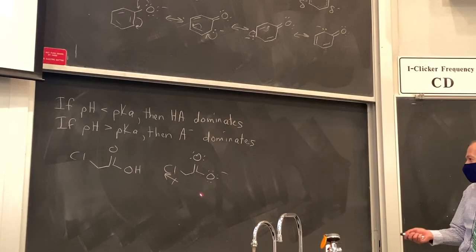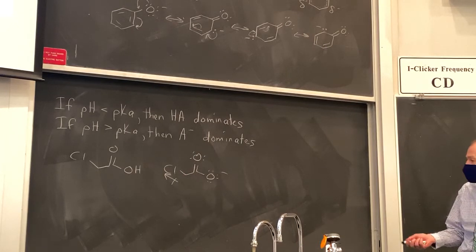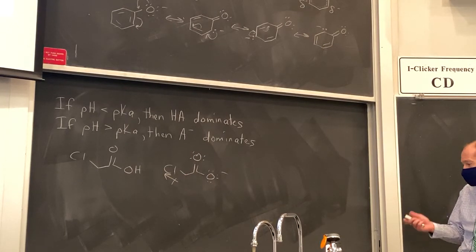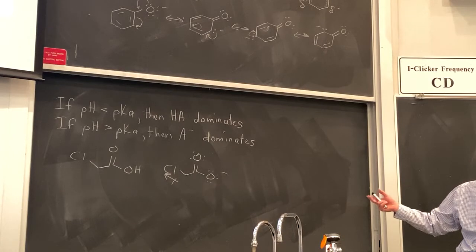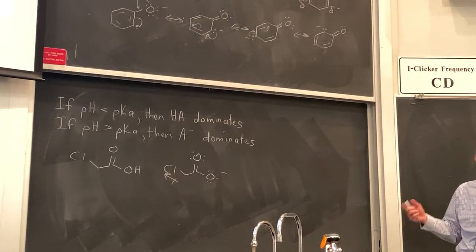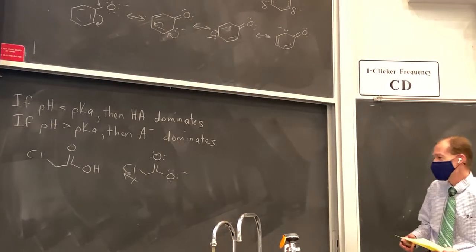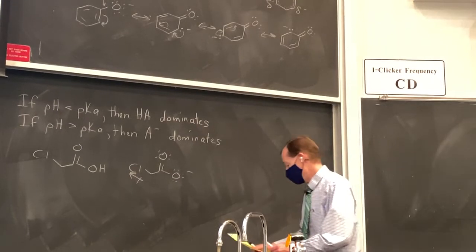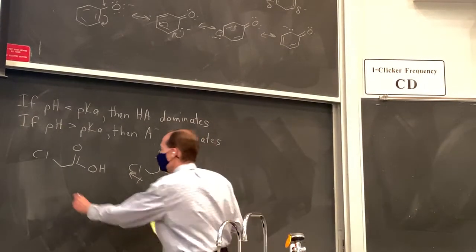So that means that this carbon, which is adjacent to our carbonyl carbon, has a partial positive charge. That partial positive charge can stabilize the negative charge of our conjugate base. Okay, so that's an inductive effect, stabilizing the conjugate base of chloroacetic acid. The pKa is 2.8.